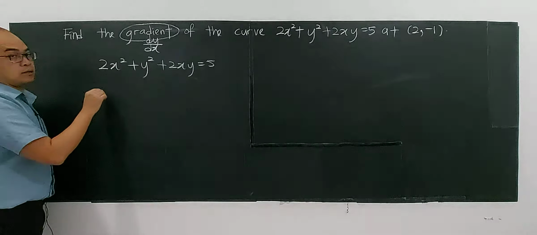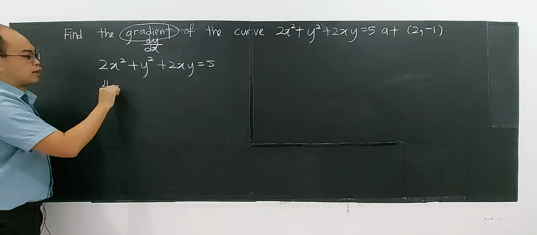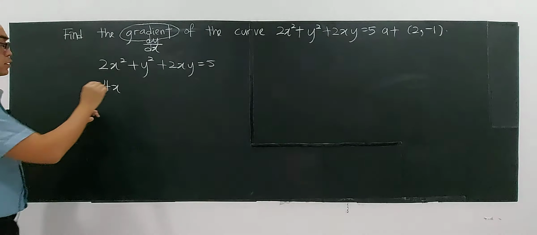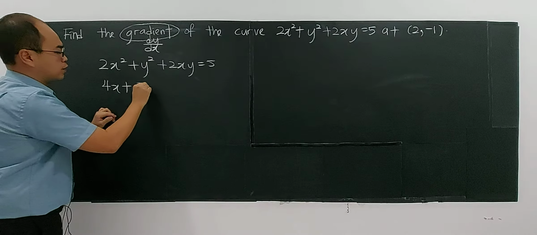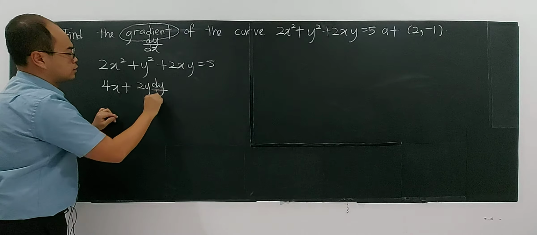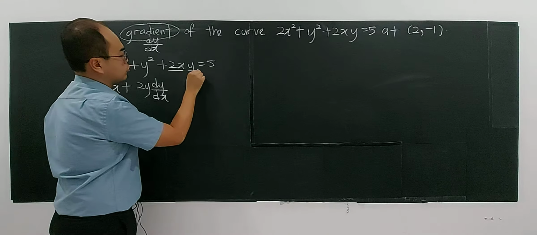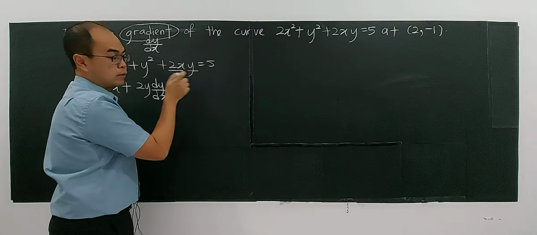Differentiate 2x squared, you will have 4x. Differentiate y squared, you will have 2y dy/dx. And for this term, you see there is a product between 2x and y, so you need to apply the product rule.